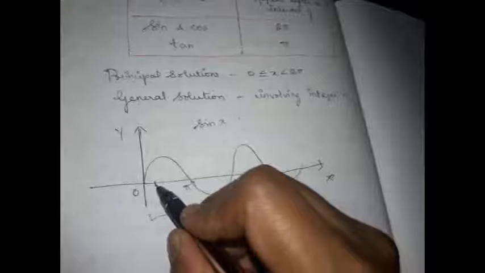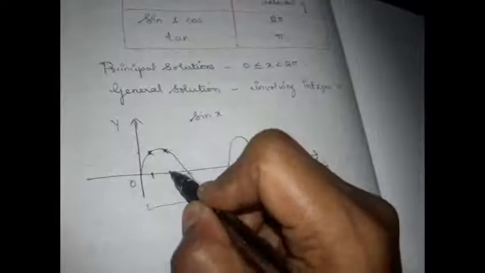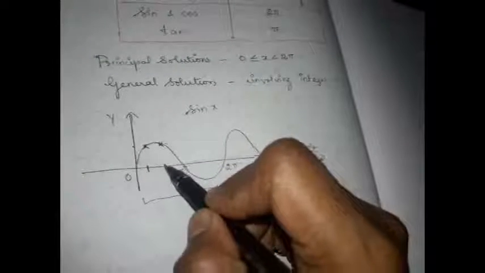Now this is your x axis and this is your y axis. So for some x value we have some y value, right? And the same y value corresponds to different x values.